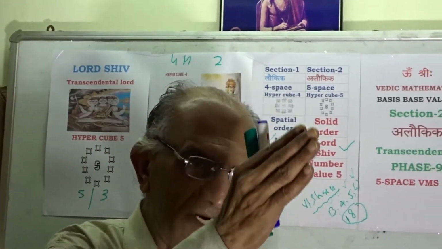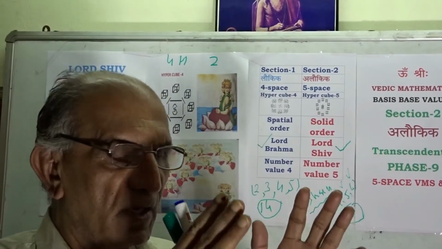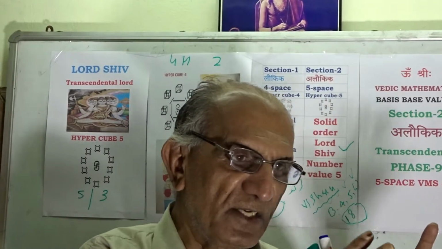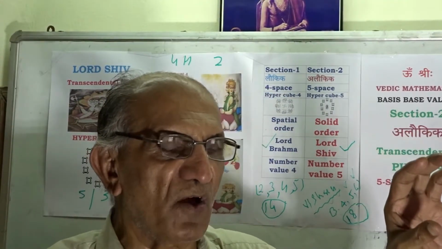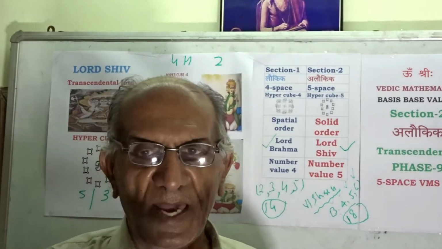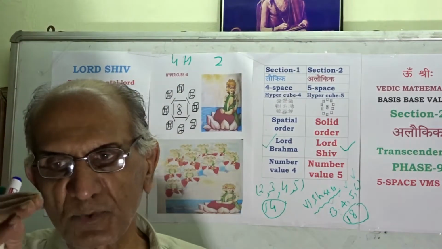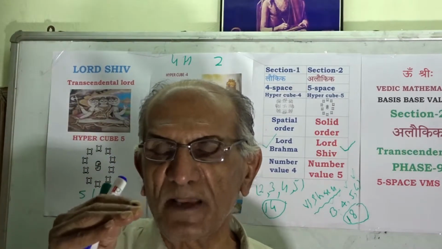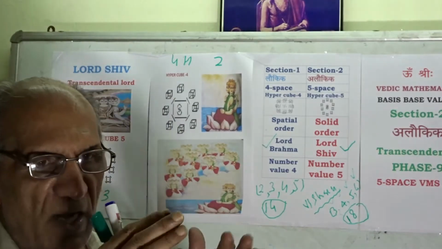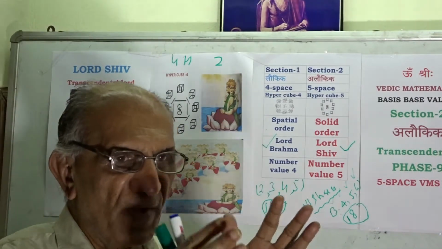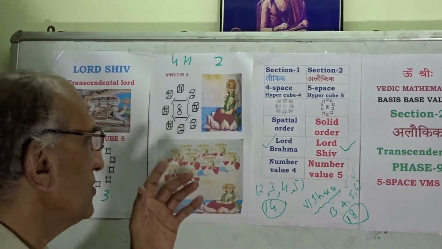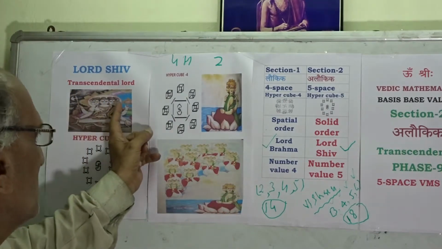Therefore, let us draw a table. In the first column of that table, let us put up the features of the idol of Lord Shiva, and in the second column, let us put up the features of hypercube 5. Hypercube 5 is a 5-space body, and Lord Shiva has 5 heads.